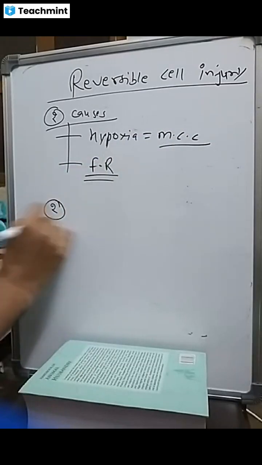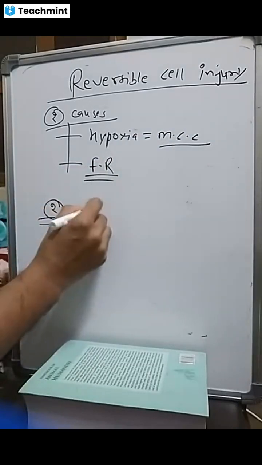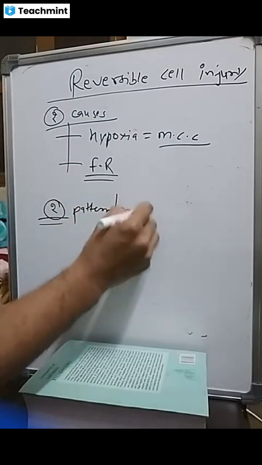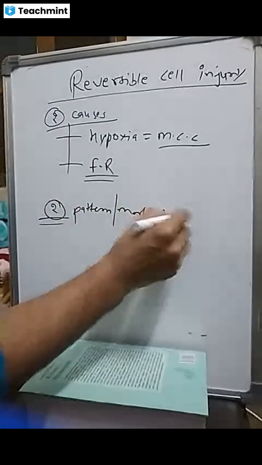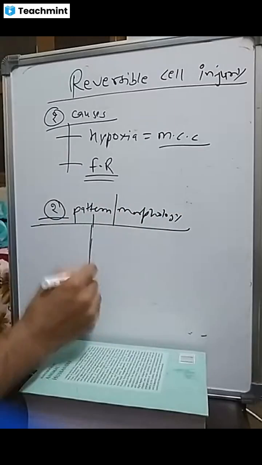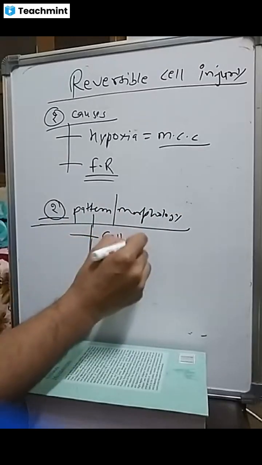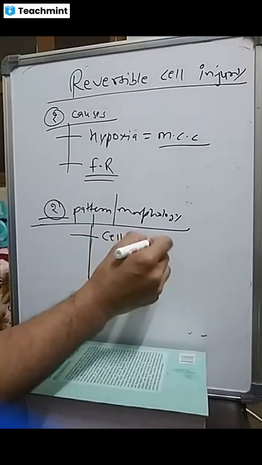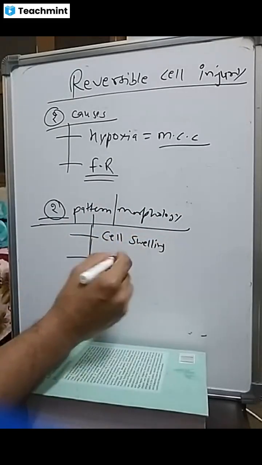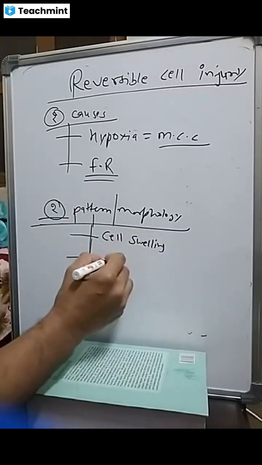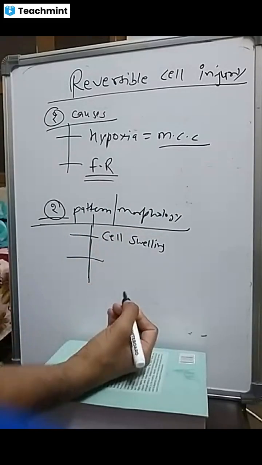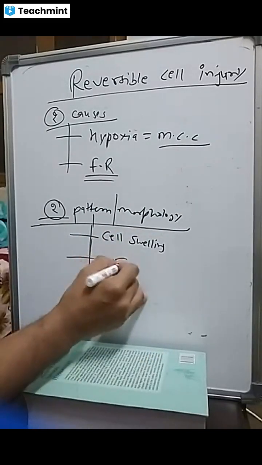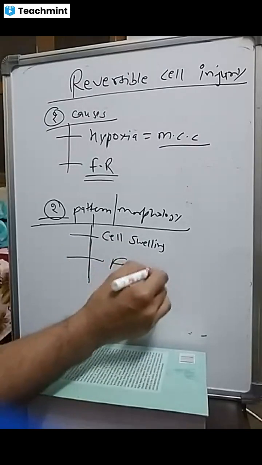After this, we will go to two patterns, two morphologies. One will be cell swelling, and one is fatty change.